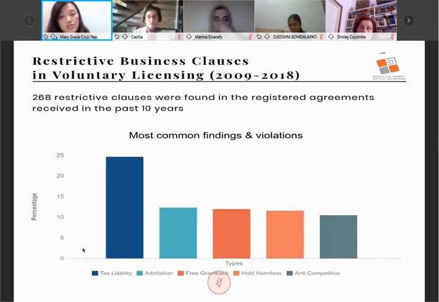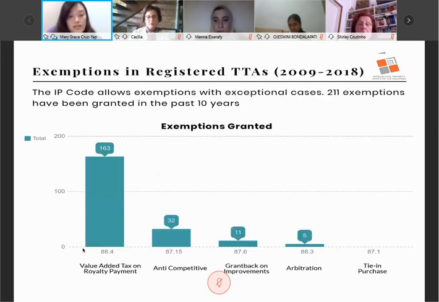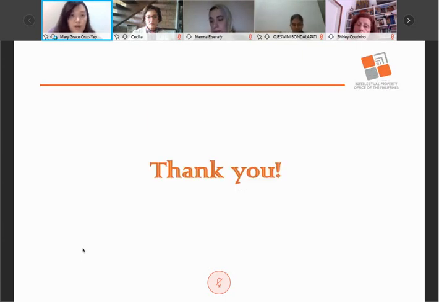Most common findings and violations are on tax liability, arbitration, free grant back, hold harmless, and anti-competitive clauses. And those that are granted exemptions are mostly on similar items: value-added tax on royalty payment, anti-competitive clauses, grant back on improvements, arbitration, and tie-in purchase, as I mentioned earlier.